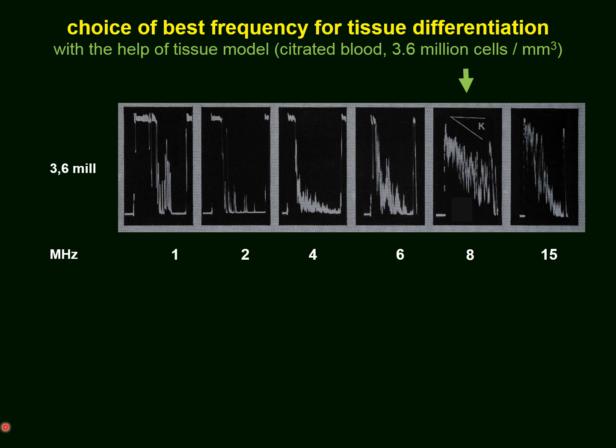The choice of the best frequency was obtained with the help of a tissue model, citrated blood, with a cell count of 3.6 million cells per cubic millimeter. We see here the echograms obtained from this tissue model with 1 up to 15 megahertz.